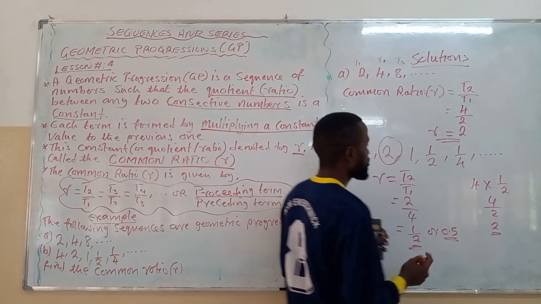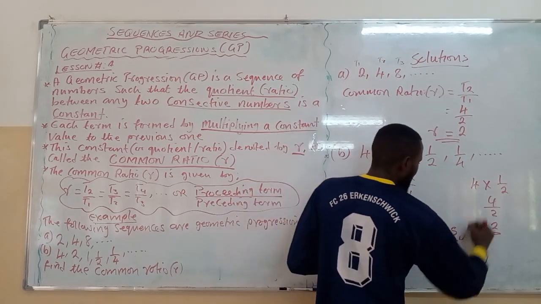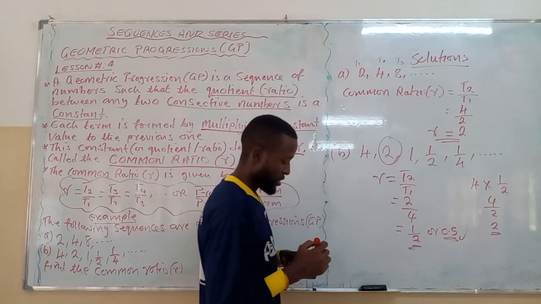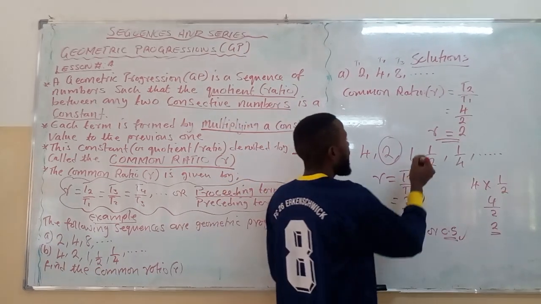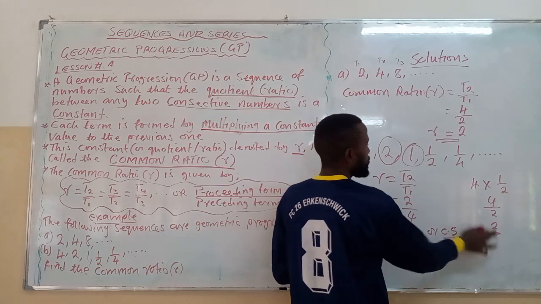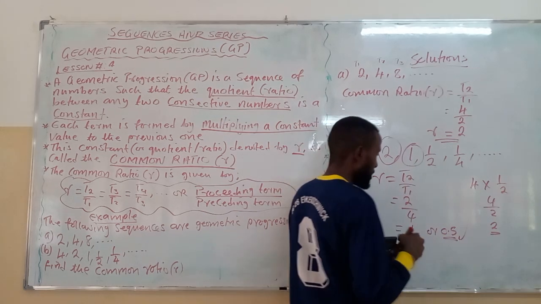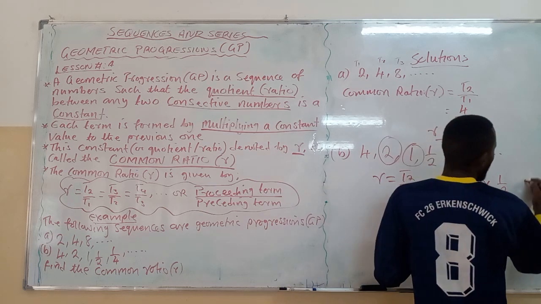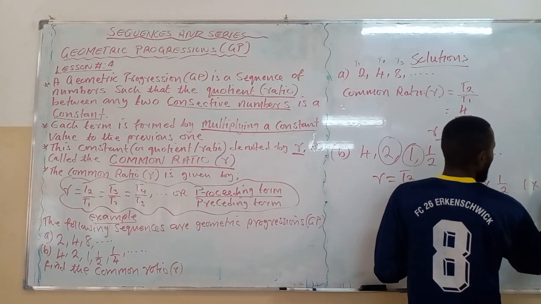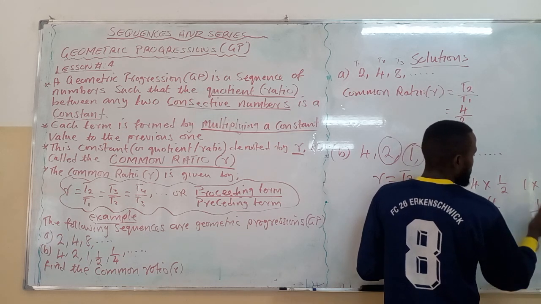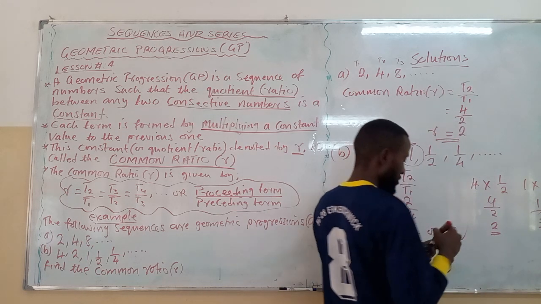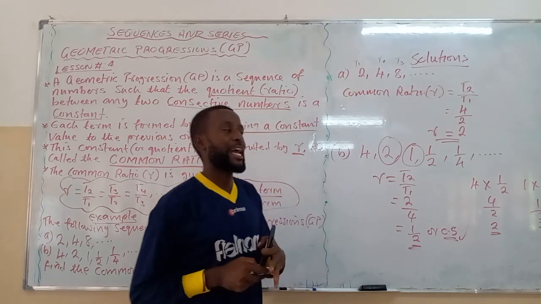Correct? So this common ratio which we have found is 100% true. If you want, you can try it with any term. Multiply 1 with 1/2 and see if you are going to get 1/2. Let's try and see. 1 multiplied by 1/2. 1 times 1 is 1 over 2, which is 1/2. See?